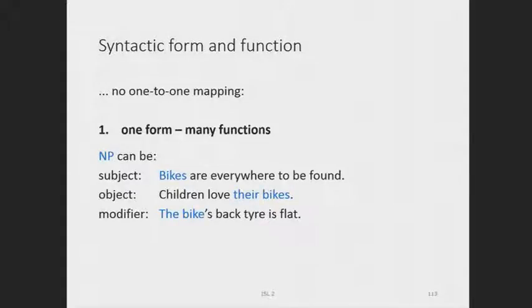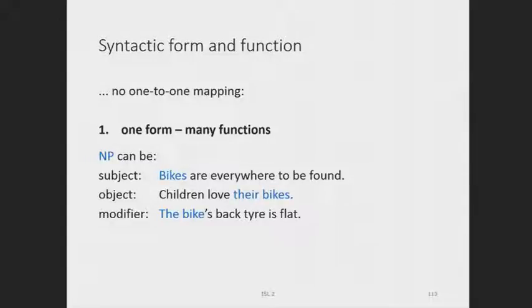Did I say sentence again? I don't know. Okay. So we said we have syntactic functions, subjects, objects, etc., and syntactic forms, nouns, verbs, adjectives, etc. And what you have to be aware of for this lecture is that there's not a one-to-one relationship here. So one form, the noun phrase, like here bikes, can have many functions.